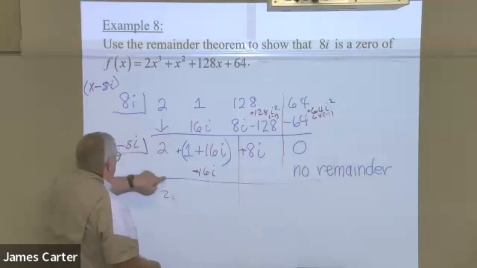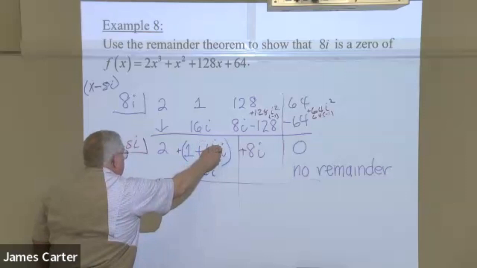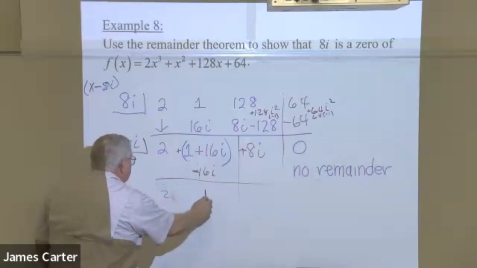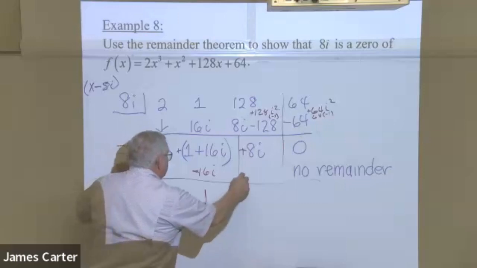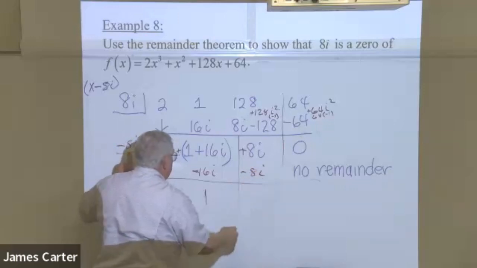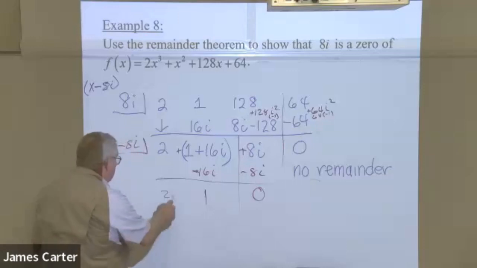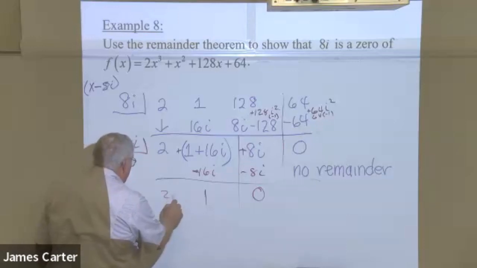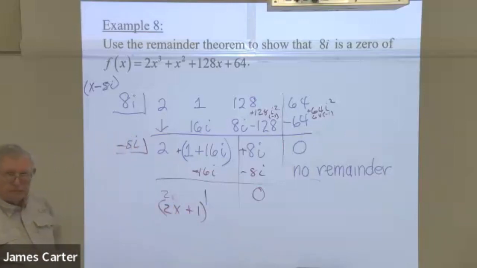Bring down the 2, multiply, we get negative 16i. Those two right there cancel, leaves me 1. Okay, this times that gives me negative 8i, which gives me a 0 remainder. So this represents 2x plus 1 as a factor.